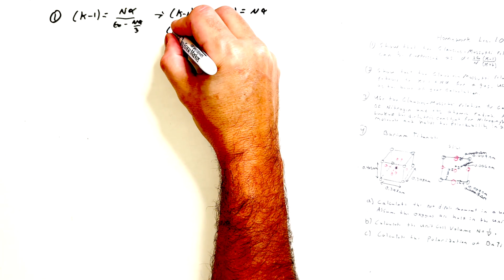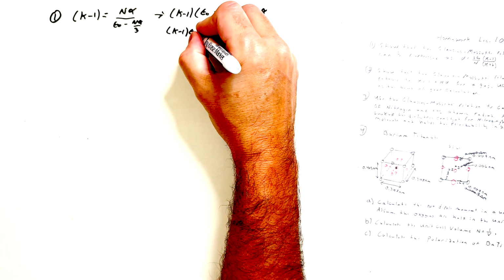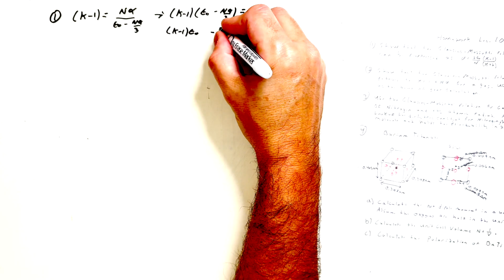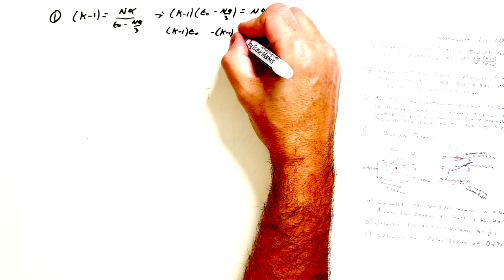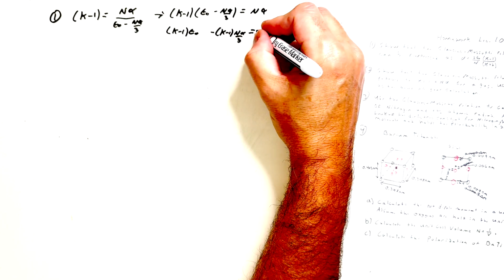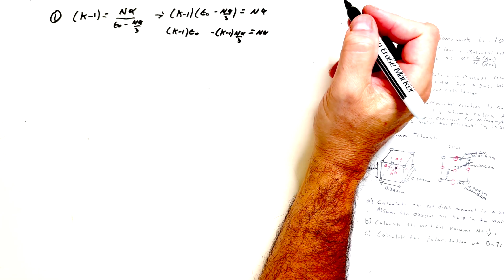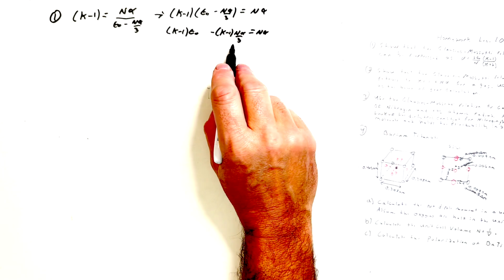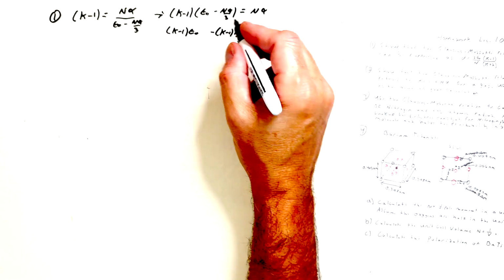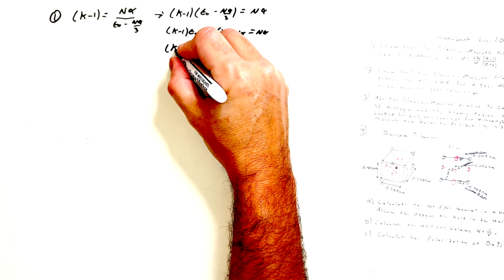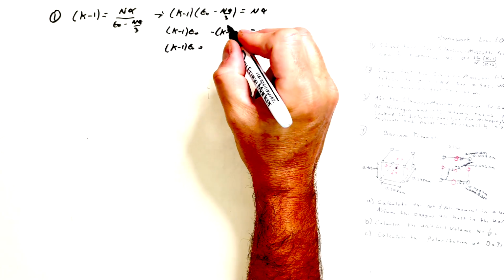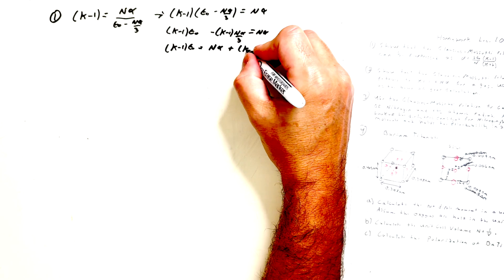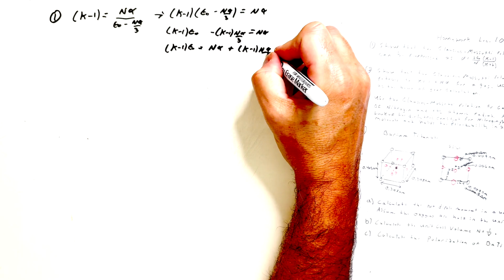So we'll just write kappa minus 1 times epsilon naught minus kappa minus 1 n alpha over 3 equals n alpha, like this. And so we'll just collect the like terms, the n alphas. We'll get kappa minus 1 epsilon naught equals n alpha plus kappa minus 1 n alpha over 3.